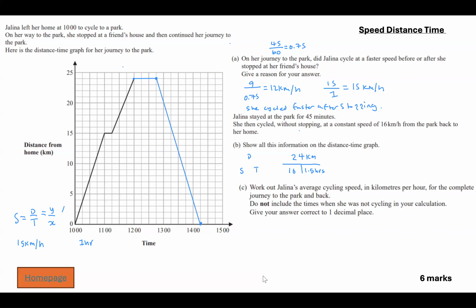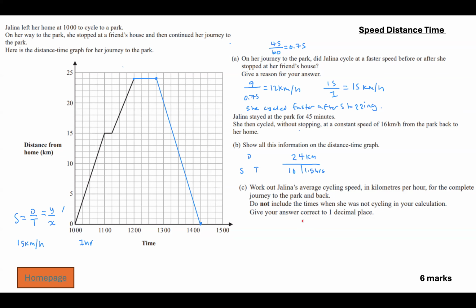Okay, so how do we go about doing this one over here? So, one thing to be mindful of here is it says do not include the times when she was not cycling. So we need to work out the total distance divided by the total time taken over here.